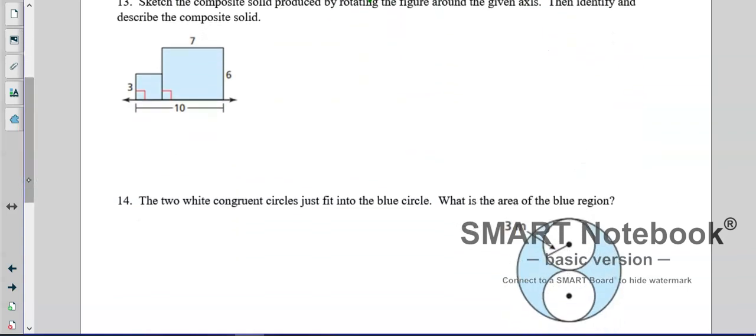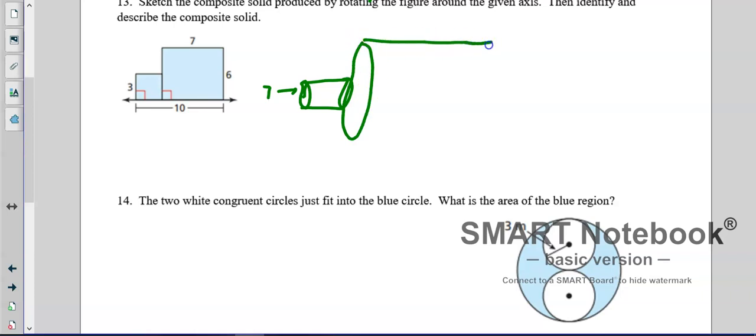All right, let's say we're going to rotate this around. Okay, what would it look like? Well, we would have a little cylinder here that would have a radius of 3 attached to a larger cylinder.